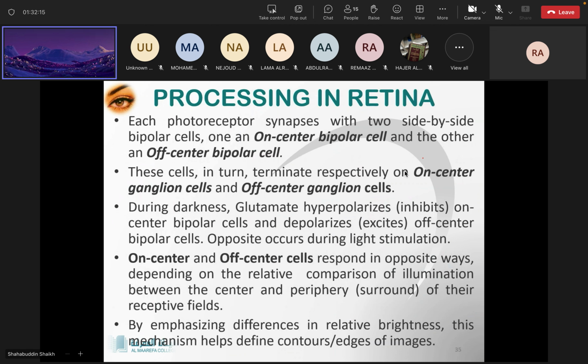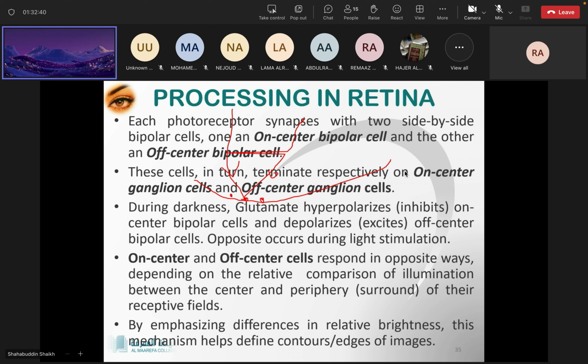So now we come to another thing called on center and off center. Imagine on the retina, this is our retina here. There is a receptor here, and there is a receptor here, and there are receptors here. Light from the lens is falling on the receptor like this.